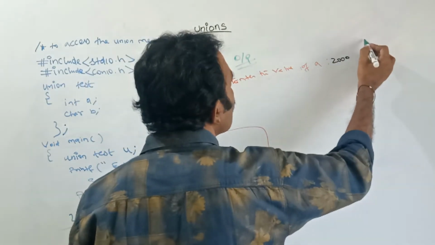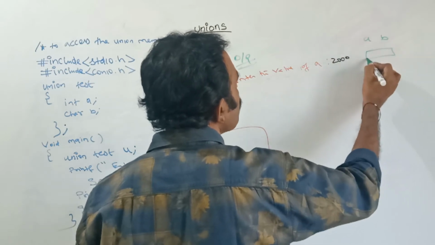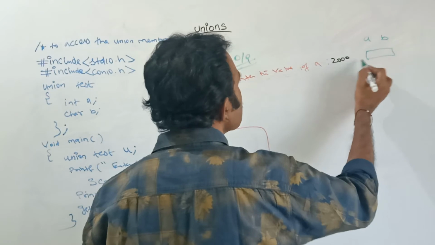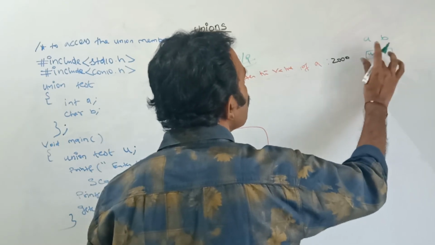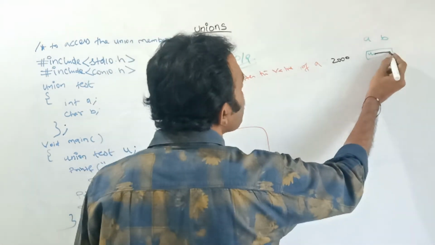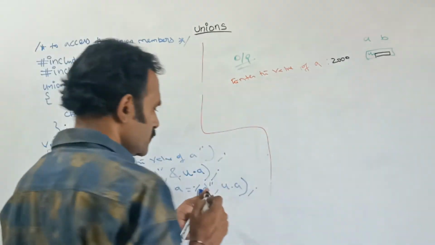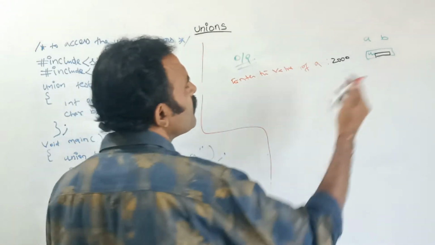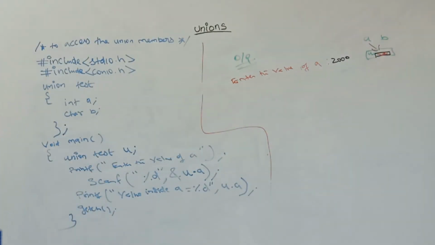See, for A and for B, for the union, this is the common space. This union name is U. For this U, it creates 4 bytes. In these 4 bytes, this 2000 will be stored. So A will hold the value 2000.